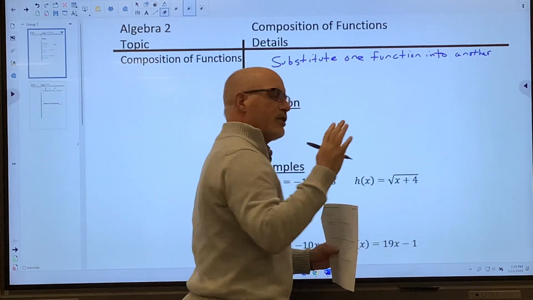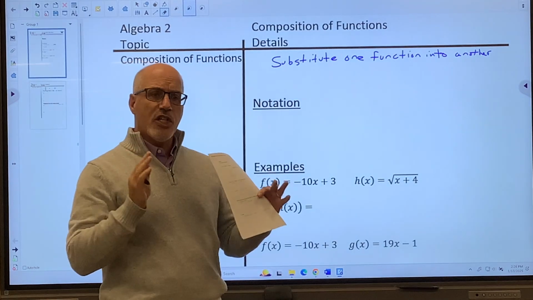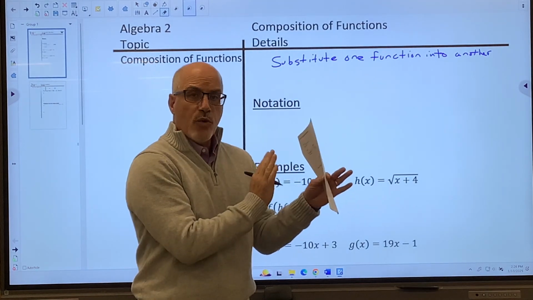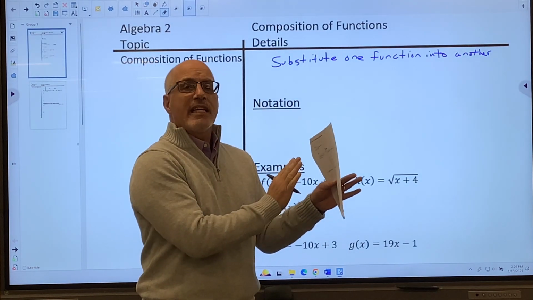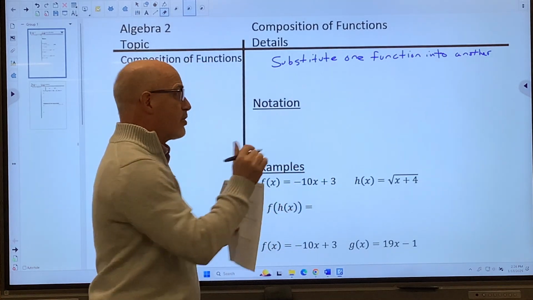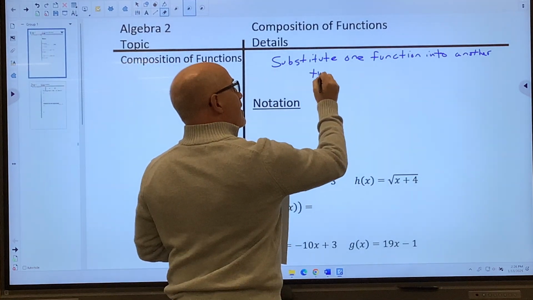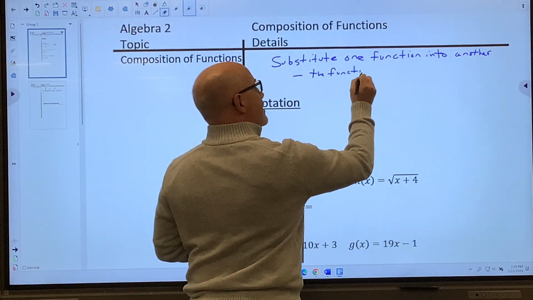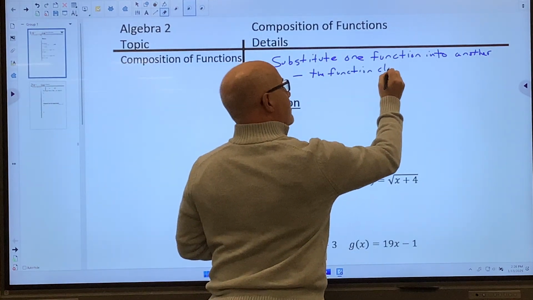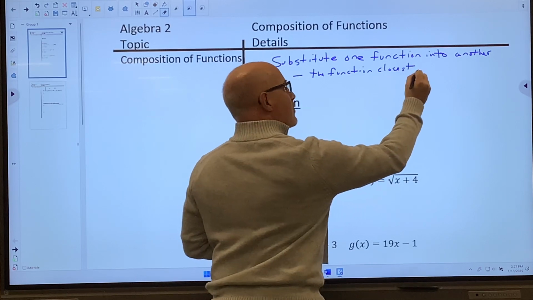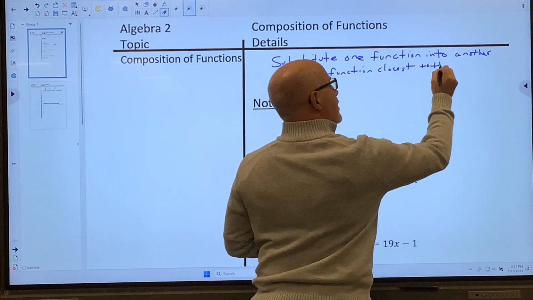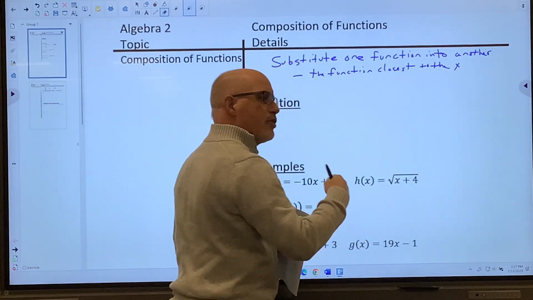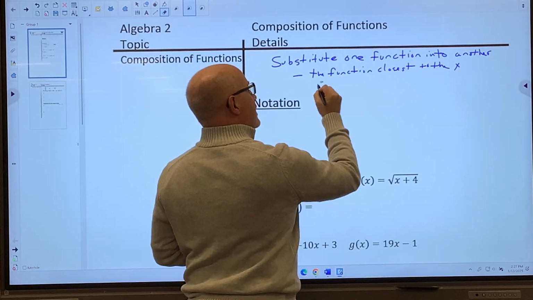Now, what you need to know is that it's the function that is listed second, the one closest to the x, that gets substituted into the first. So the function closest to the x gets substituted into the other function.